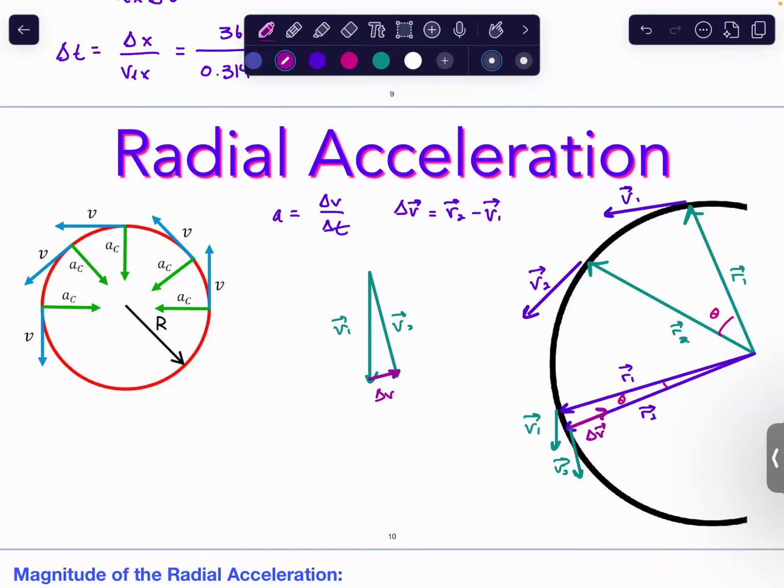So this is where we get the concept of centripetal acceleration, because remember what we said about the direction of acceleration and delta V.